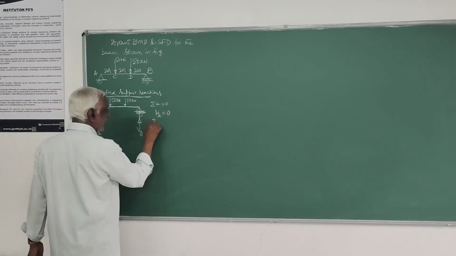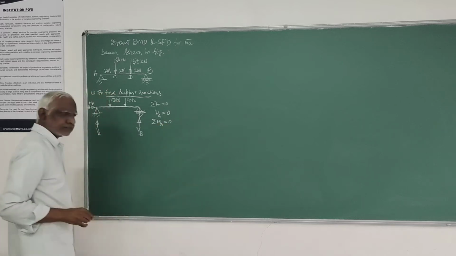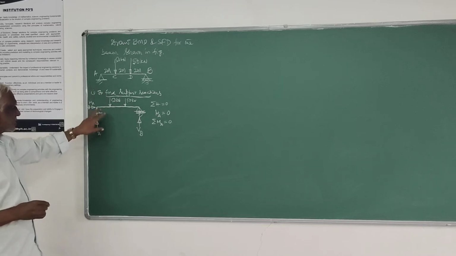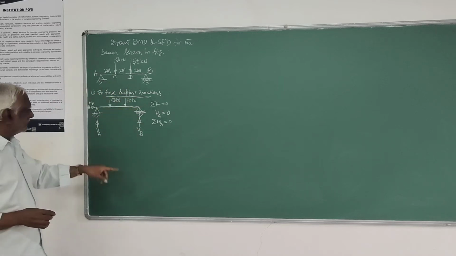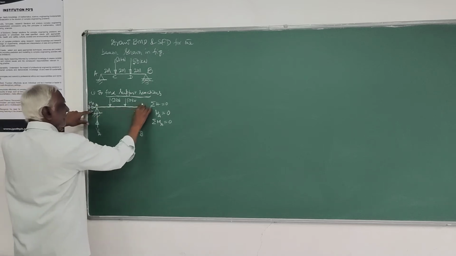Then you take moments about point A, the sum of all the moments due to all the forces acting on the entire beam structure about point A to be 0.